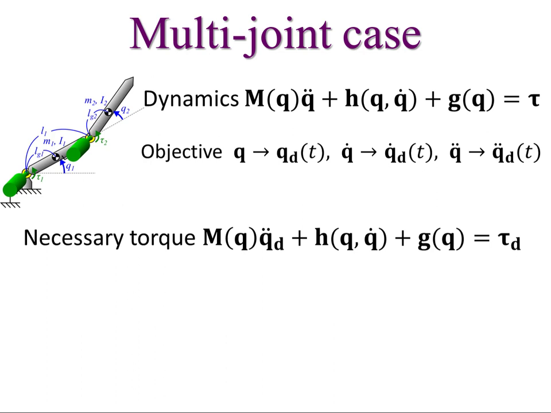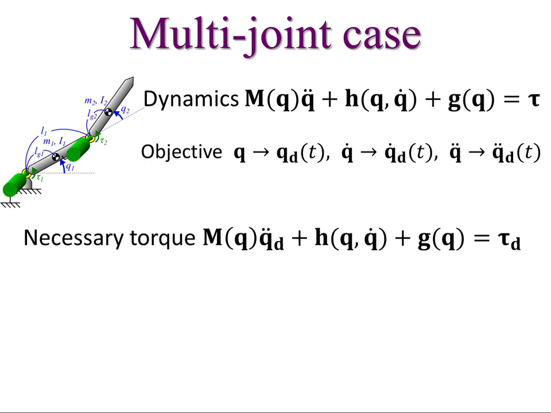Let's confirm whether this tau d actually makes the joint angular acceleration vector q2 dot the target joint angular acceleration vector qd2 dot by substituting tau d for tau in the equation of motion. At this time, H and G appear on both the left and right sides of the dynamics, and these are cancelled out.